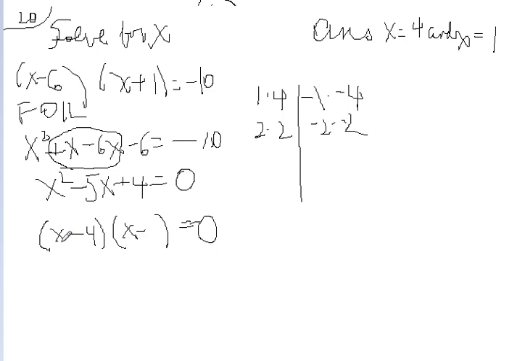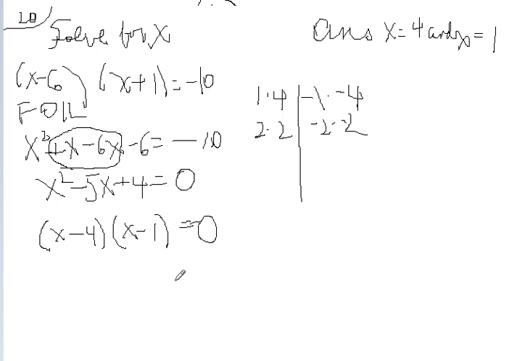Because if I FOILed it again, x times this gives me minus 1x, and then x times this gives me minus 4x, which gives me the total of minus 5x. That's what I'm going to need. Do you see that that works? Okay, so now if that works, ready?